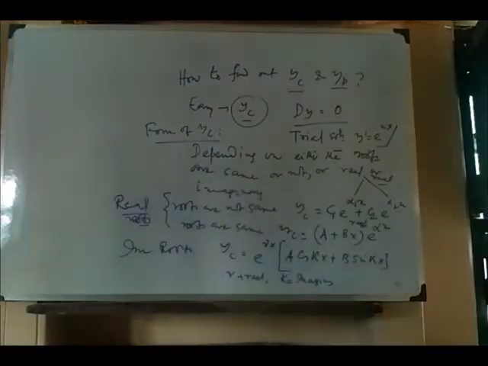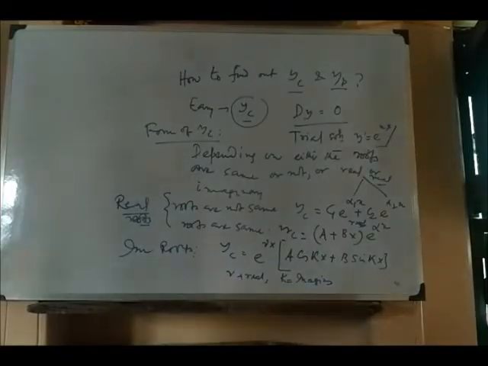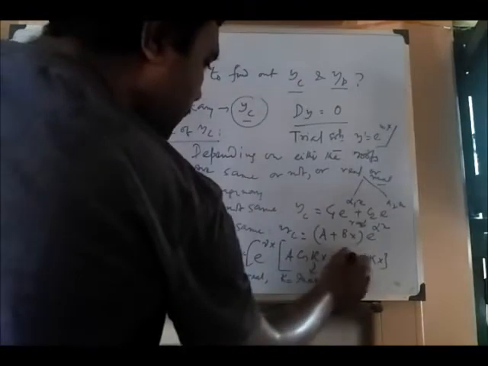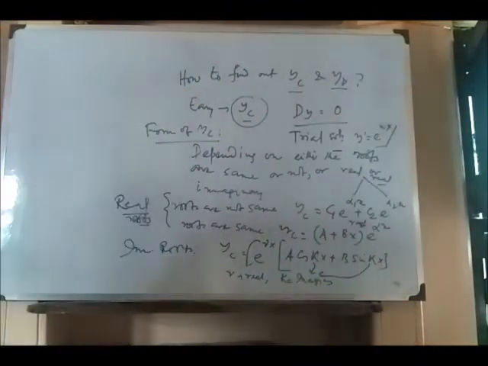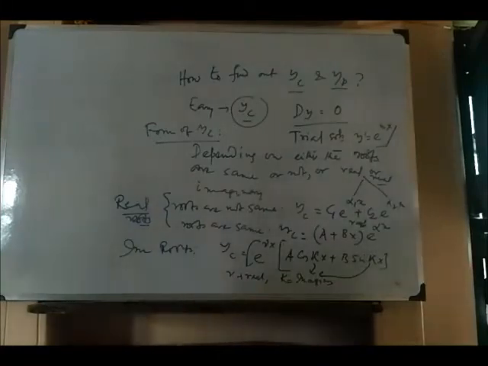So in this case gamma is real, but k is imaginary. In this process you will get yc.